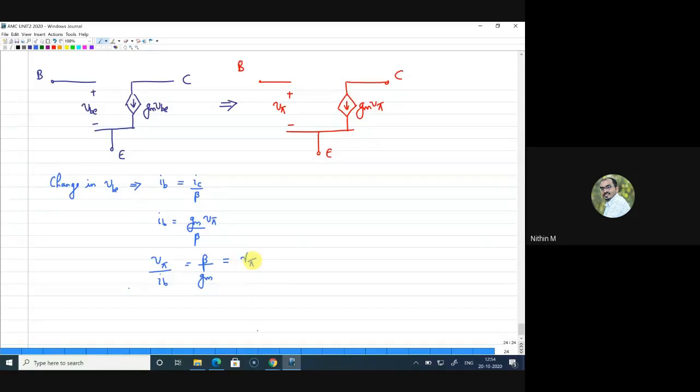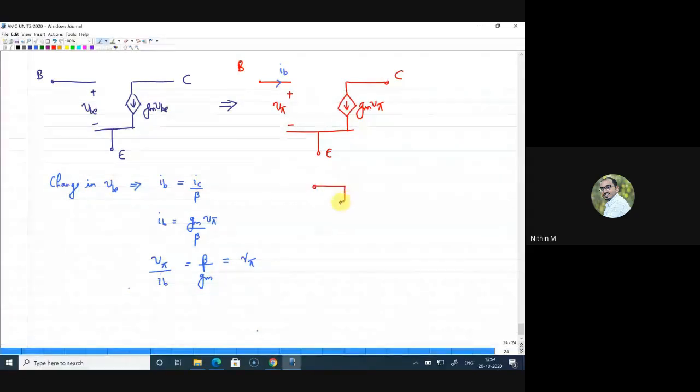So what is the meaning? There is a base current IB, and that base current is flowing because of the V pi or the VB voltage. Since both are at the same terminals, we can better model this as a resistance here. What is the resistance value?